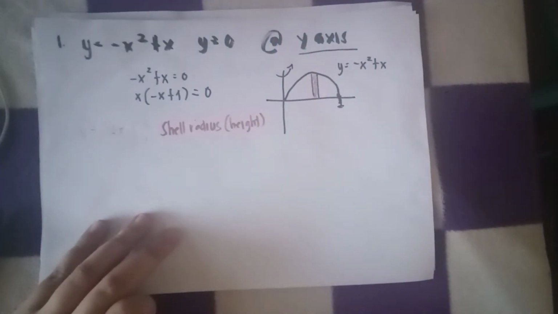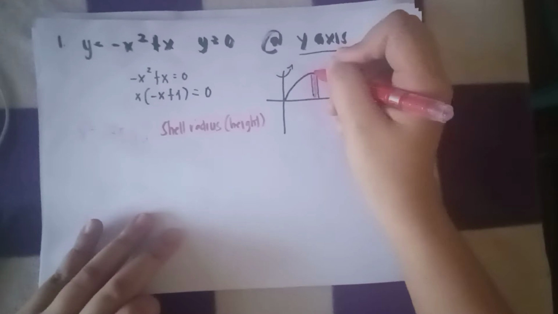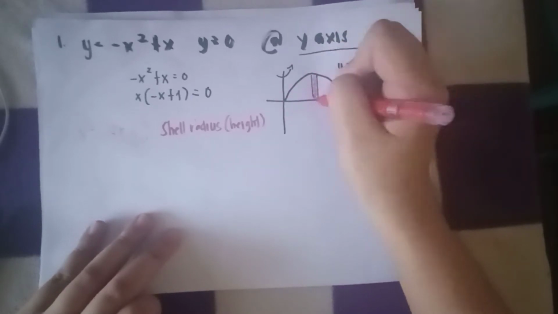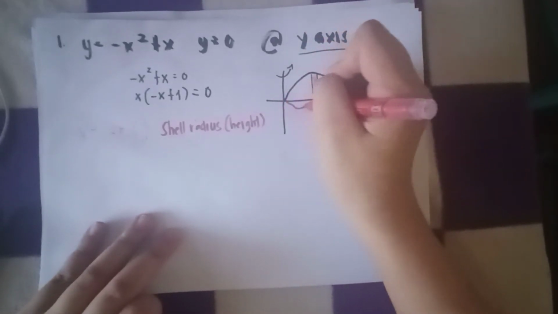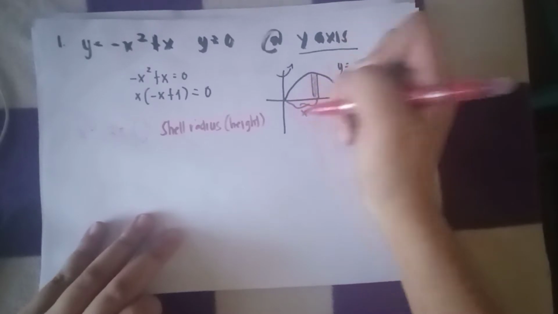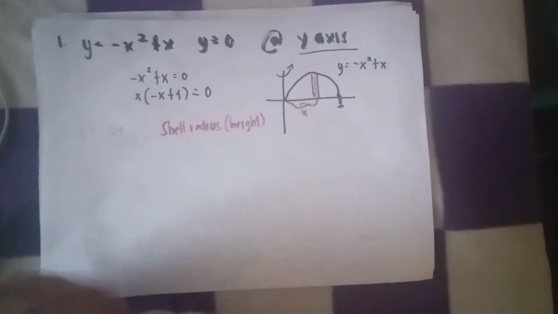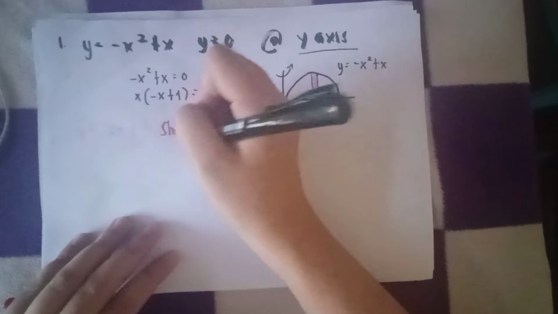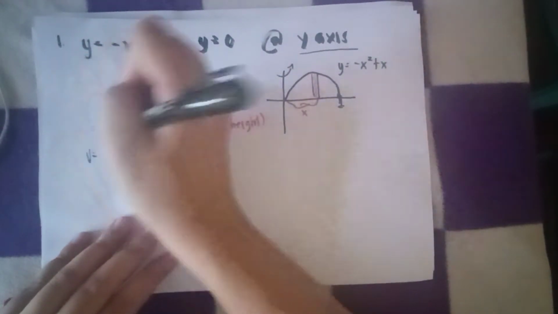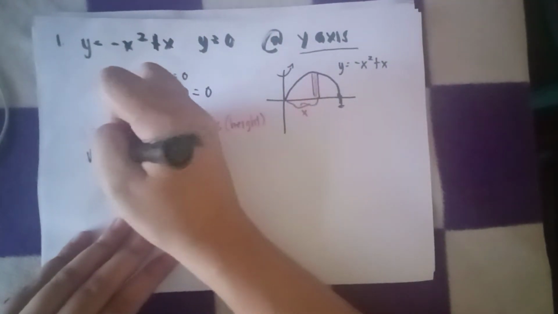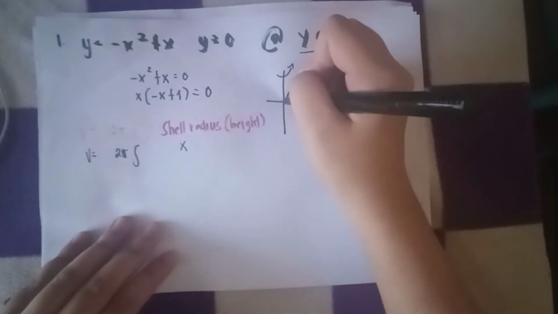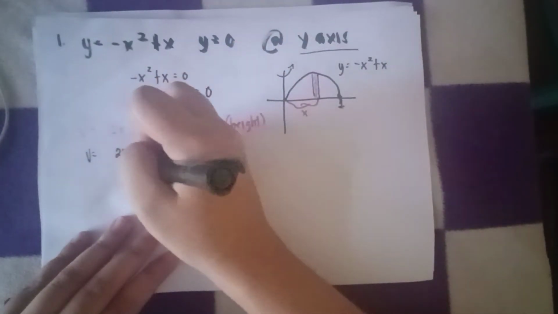So, sa pagkakataon na to, ano po yung ating radius? Yung ating radius po is from here sa ating cylindrical shell hanggang doon. So, dito po yan. So, let's assume this as x. And then, so, ito po ay x. So, volume is equal to 2 pi from limit of integration natin is 0 to 1.